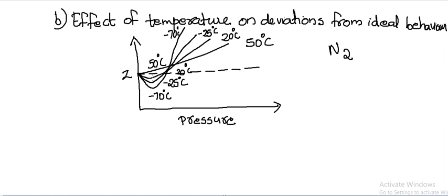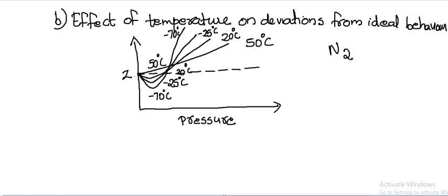And at a certain temperature, here at 50 degrees Celsius for nitrogen, the minimum in the curve disappears.